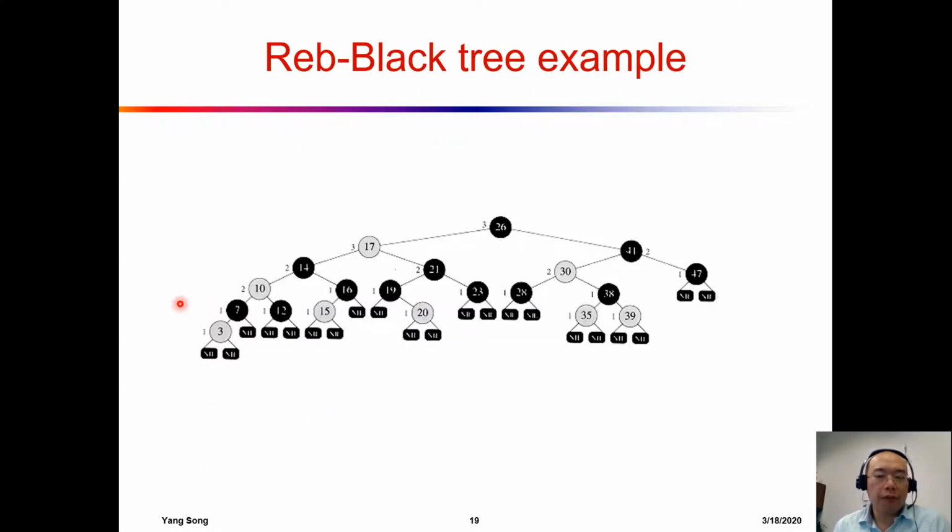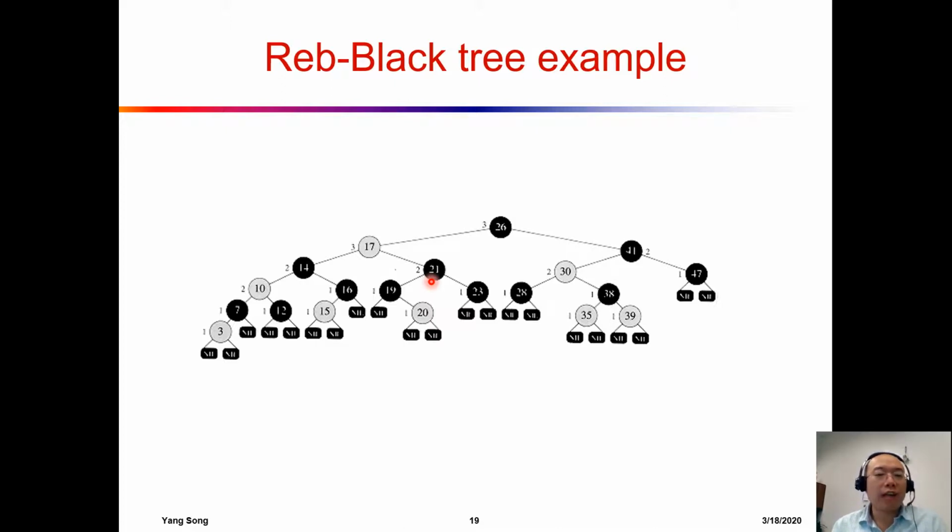If we come back to here, from the 21 down to any of the possible leaf, we will see the black height. If we count 21, the black height is a 3. Or if we want to exclude the 21, then the black height will be a 2, right?